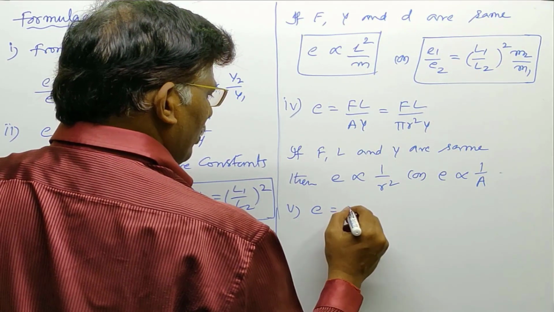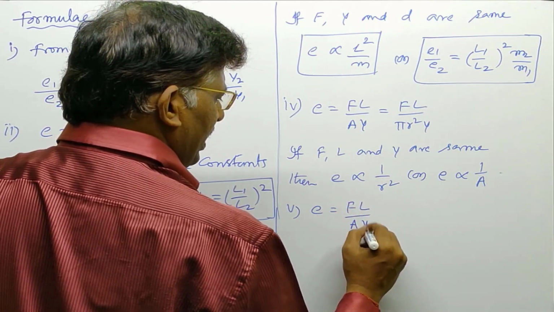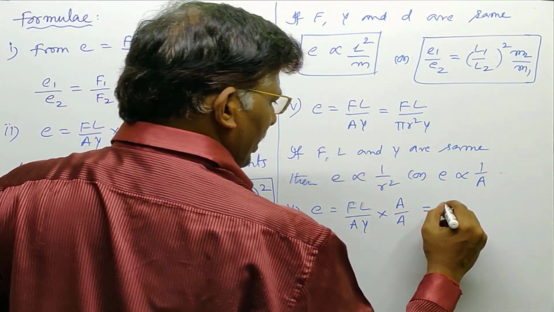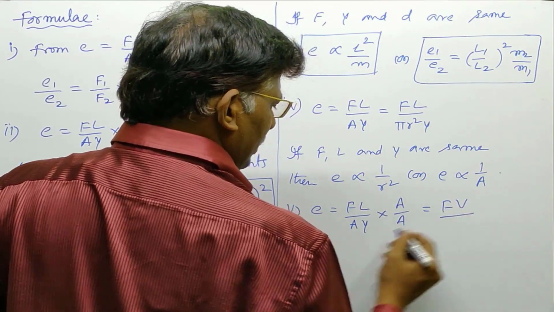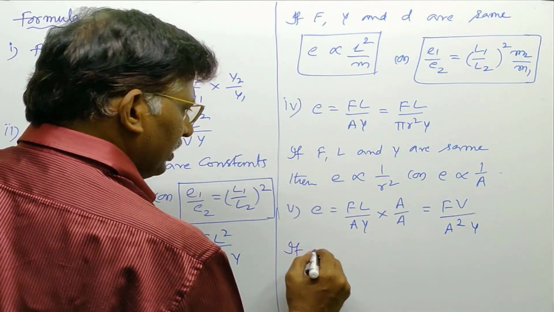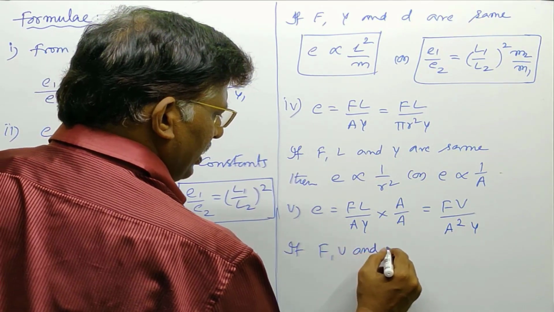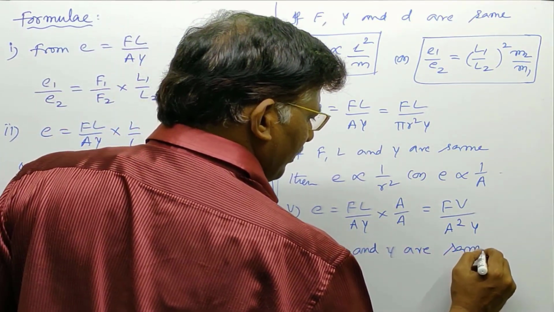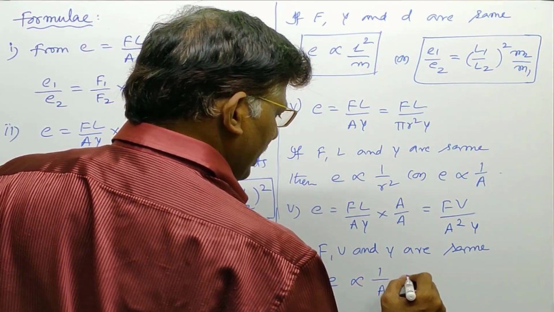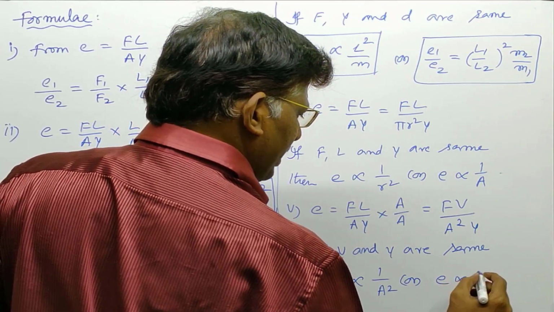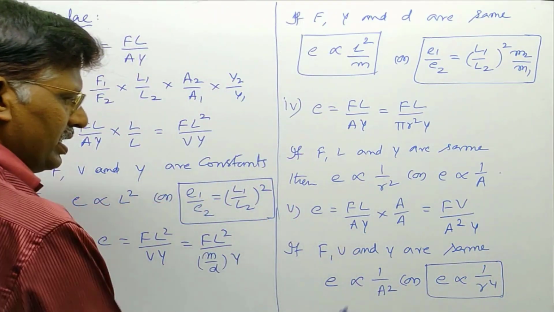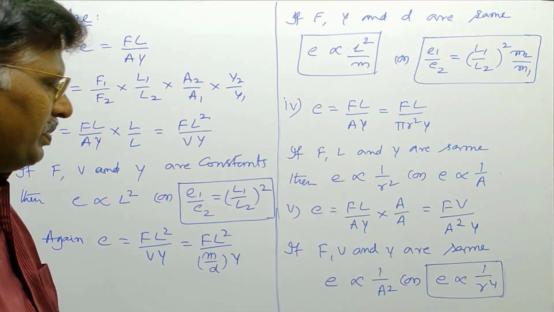And next, the formula E equals FL by AY is multiplied with A divided by A. Then the numerator FL into A is volume and the denominator is A square Y. So here, if F, V and Y are constant or same for two different wires, then E is directly proportional to 1 by A square, or E is inversely proportional to r to the power of 4, because A is equal to pi r square, whole square, pi square is constant.